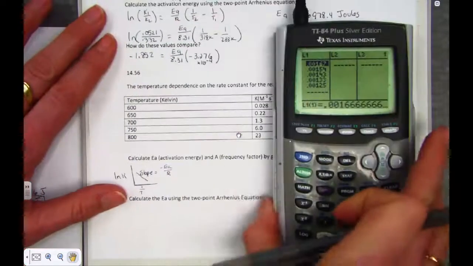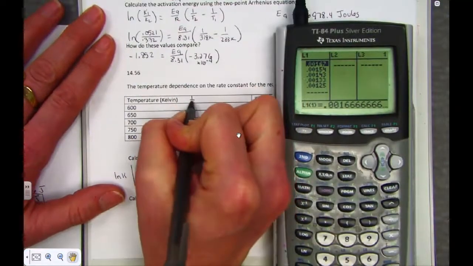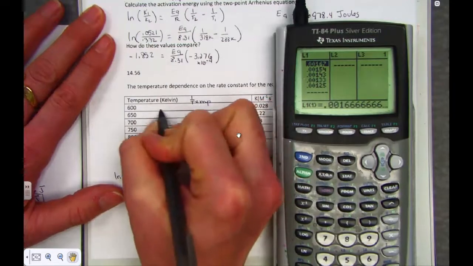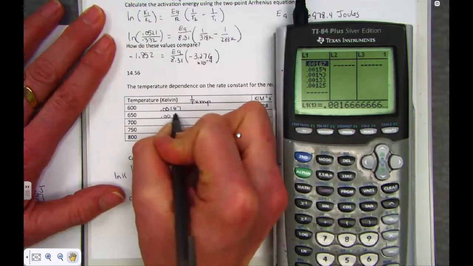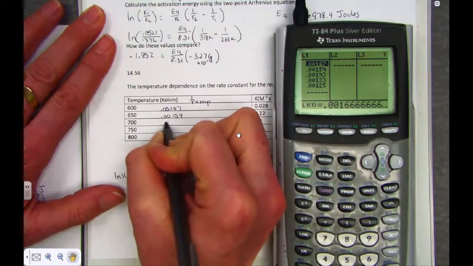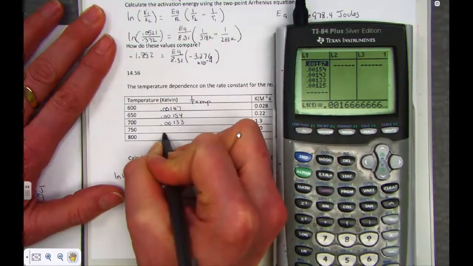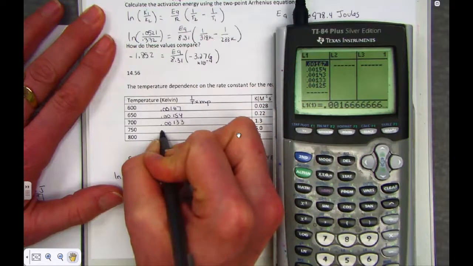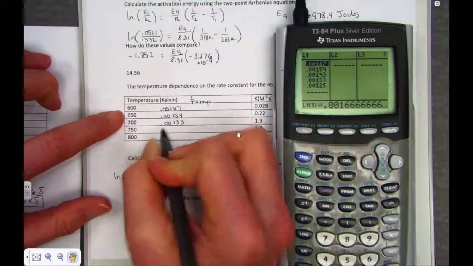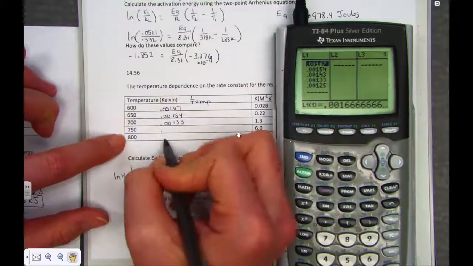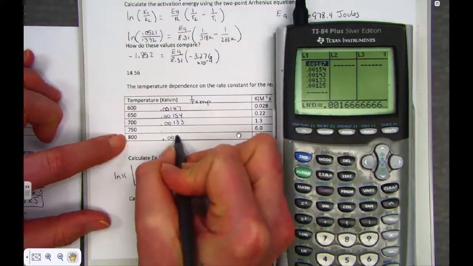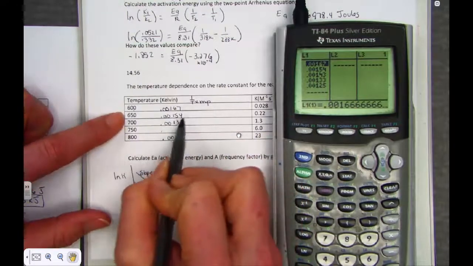We have our values. So the reciprocal of the Kelvin temperatures: 0.00167, 0.00154, 0.00133, and so on. This value, 0.00125, I messed up here.